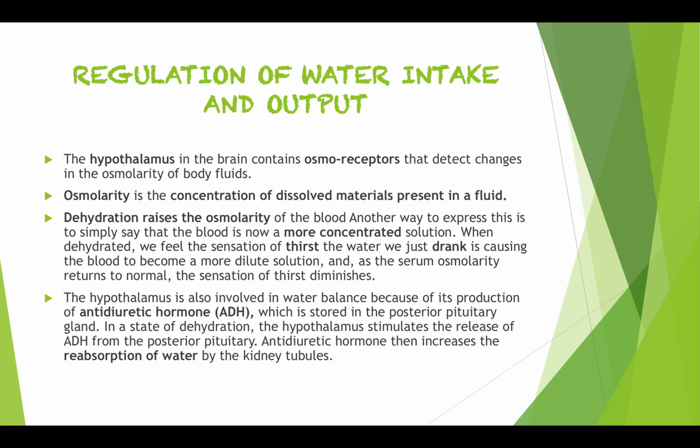And when the blood becomes more concentrated, this triggers the sensation of thirst. Another important factor in the regulation of water intake and output is the antidiuretic hormone. The antidiuretic hormone stops diuresis and conserves the fluid in the body. It also increases reabsorption of the fluid in the kidney.